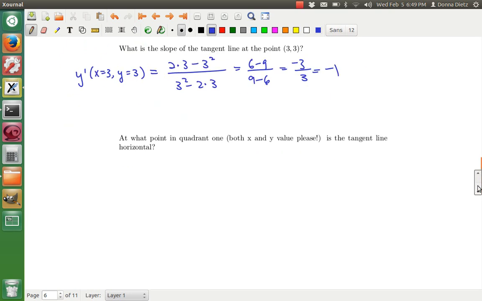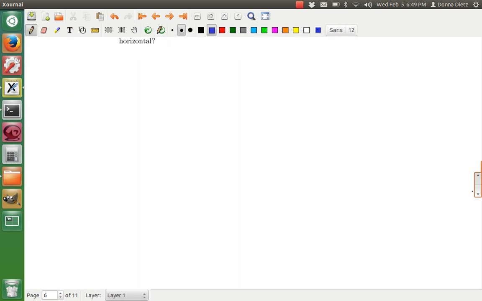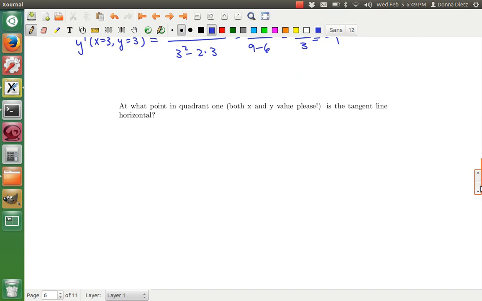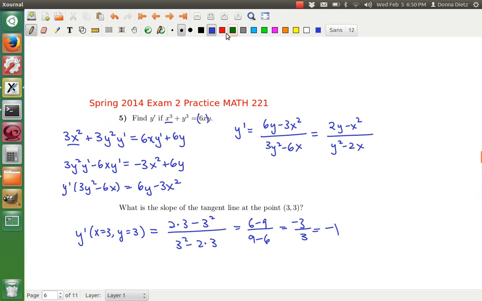Okay, so at what point in quadrant 1, so I want the x and y values both, is the tangent line horizontal? Y prime is going to be 0. All right, but we know that the numerator here has to be 0 in order for y prime to be 0.